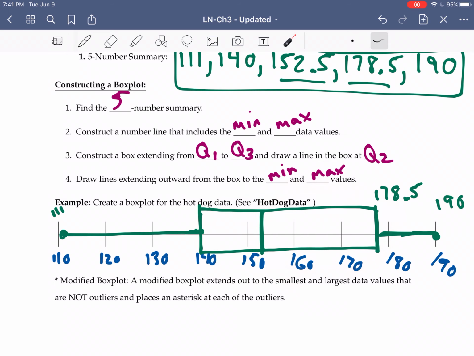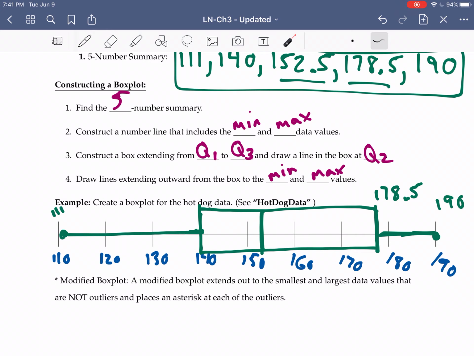I can look at this and see that there is quite a bit of a spread in the first 25% of the data. The second 25% of the data is clustered a little bit more closely. The last 25% of the data is clustered a little bit more closely. So those are things I can look at the picture and just see this is close, it's packed in together. This stretches out, so it's spread out a little bit more.